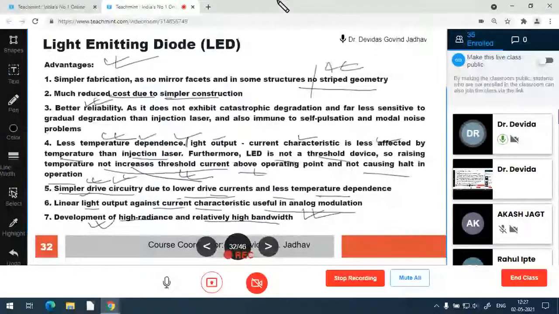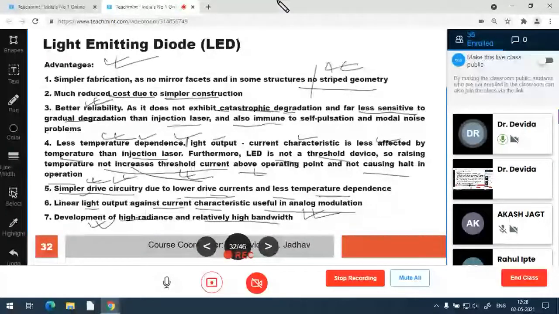It has high reliability because it operates at very low operating current, operating voltage and low operating power. It does not exhibit catastrophic degradation, that is, sudden breakdown, and it is also much less sensitive to gradual, slow degradation as compared to the injection laser.